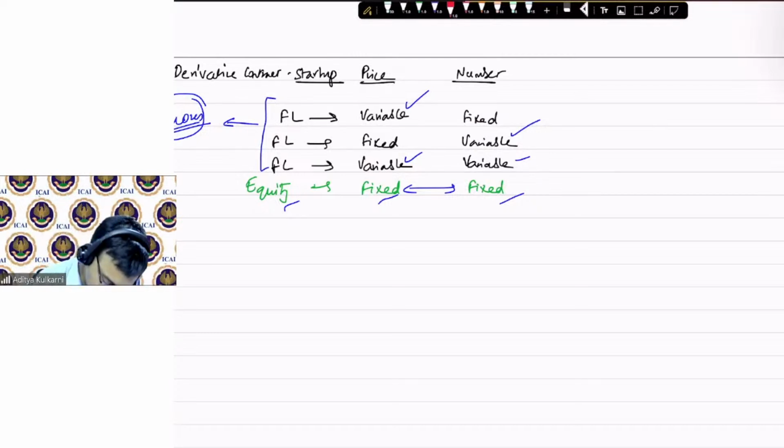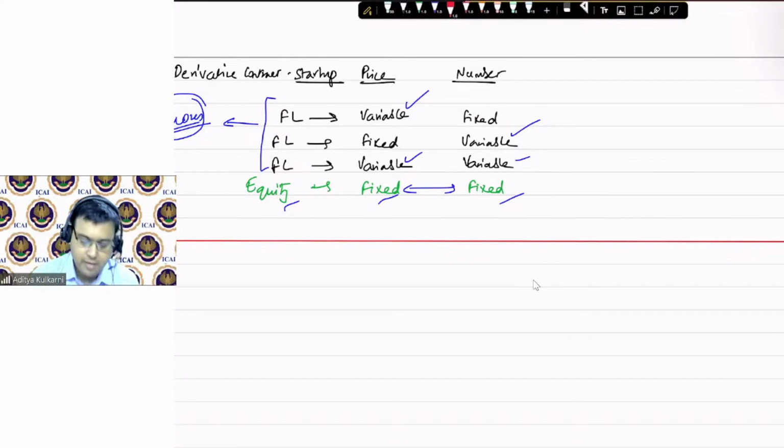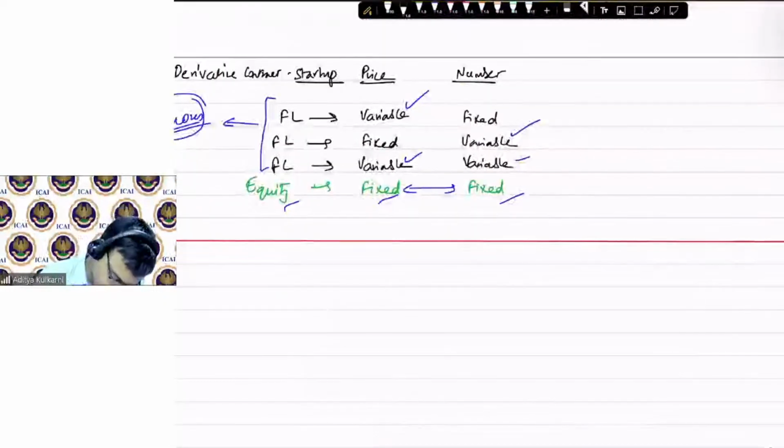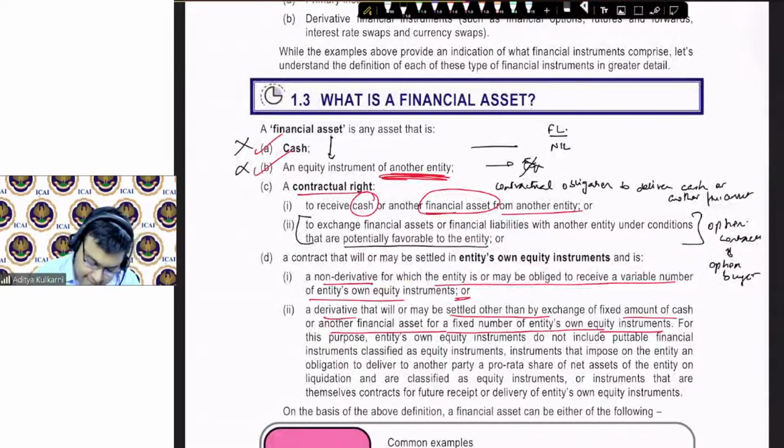Okay. So now let us again come to some examples. Similar examples. This is particularly clause D1. So this is a non-derivative.